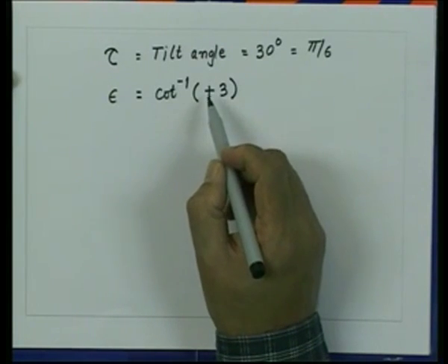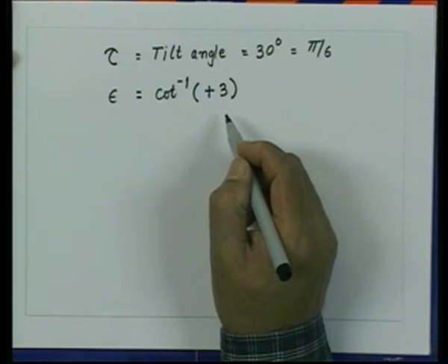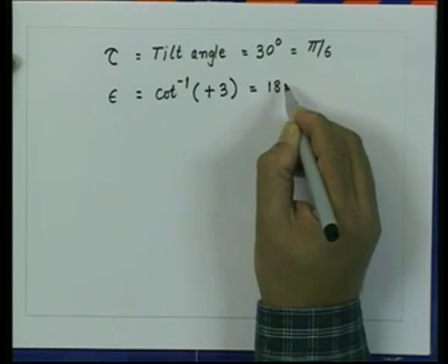So, axial ratio for a left handed elliptically polarized wave is plus 3, that is equal to 18.4 degrees.